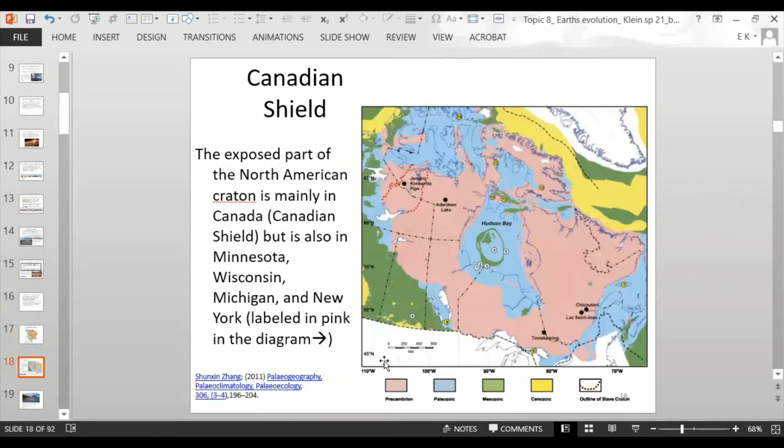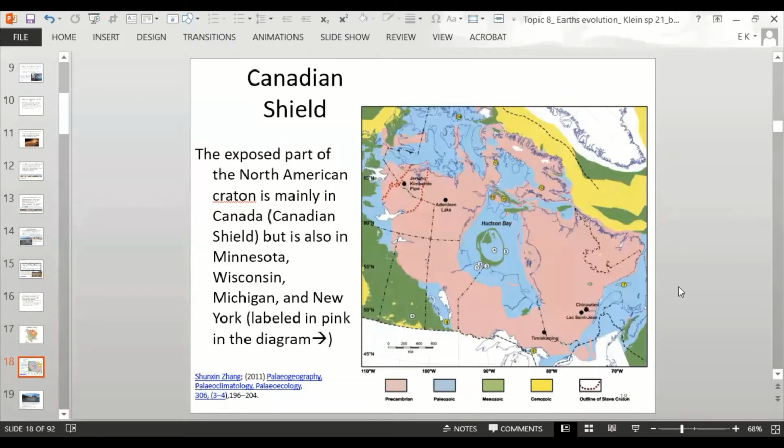So here's a closer look. The exposed part of the North American craton is mainly in Canada, but it is also in Minnesota, Wisconsin, Michigan, and New York. And that's labeled in pink on the diagram. So you can see this area down here is in New York.